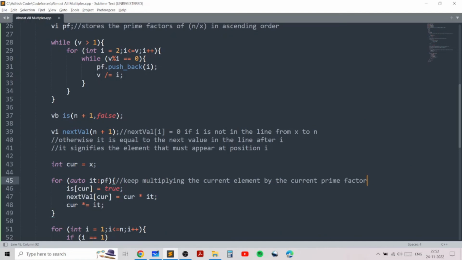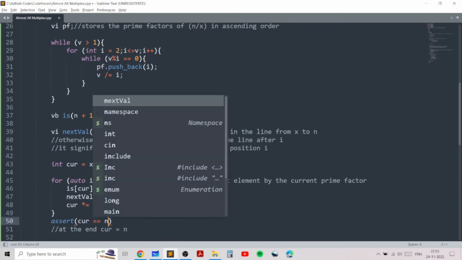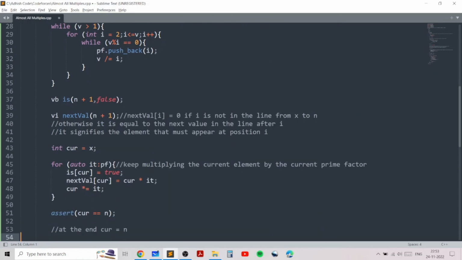We know that at the end of the loop, car will be equal to n. So we can just assert car is equal to n, because we reach n from x eventually, because these are a finite set of prime factors.